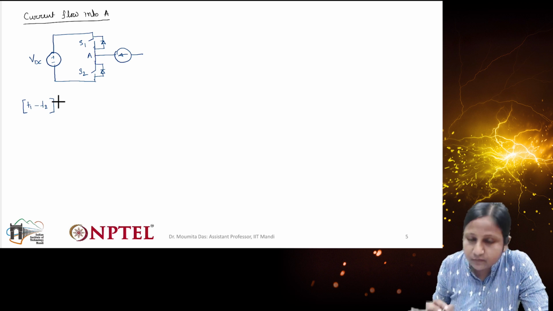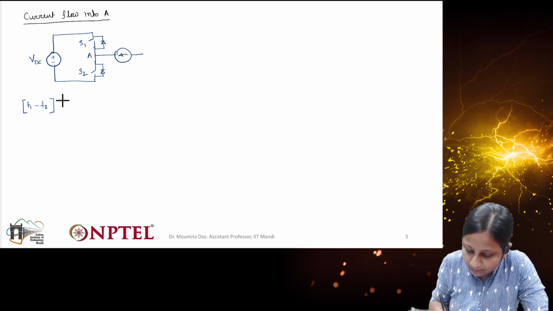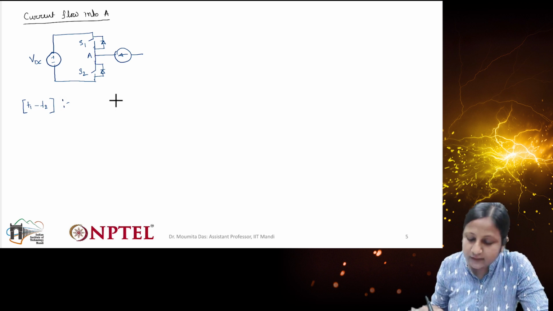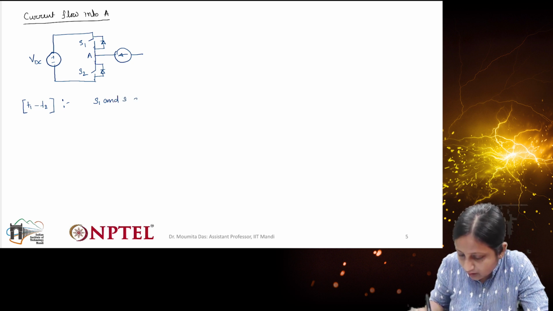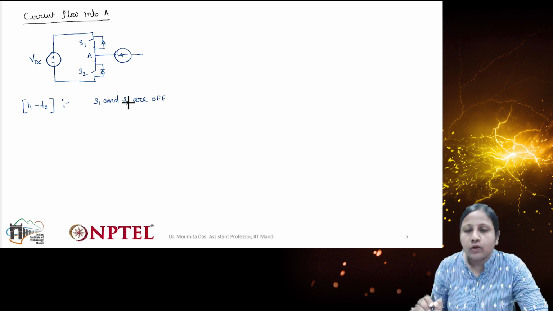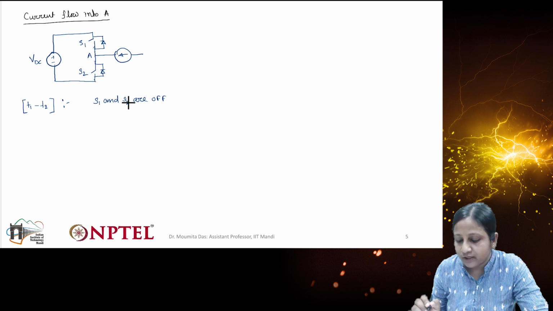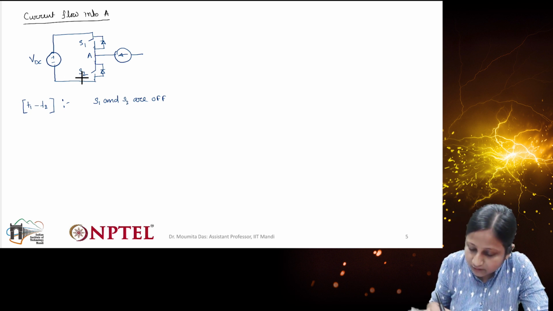there is dead time provided. So during this dead time, what is happening? If it is dead time, both the switches, S1 and S2, are off. Now if both the switches are off, there has to be some path for this current.